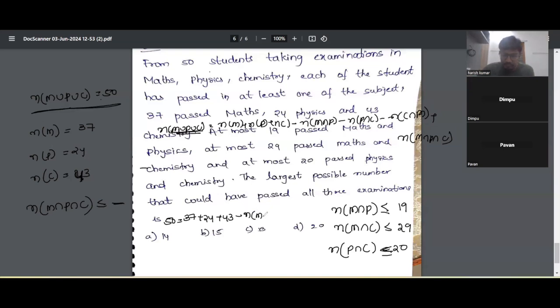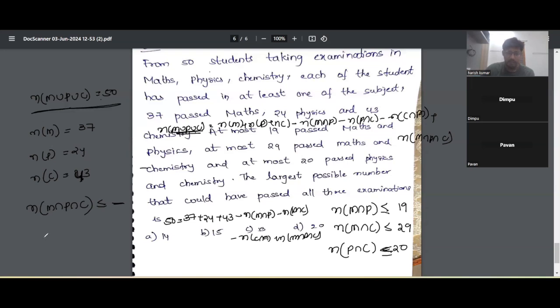Then n of M intersection P, n of P intersection C, minus n of C intersection M plus n of M intersection P intersection C. So 50 equals 37 plus 43 which is 80, 80 plus 24 is 104, right?